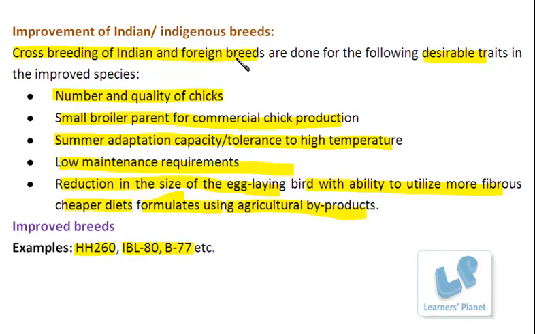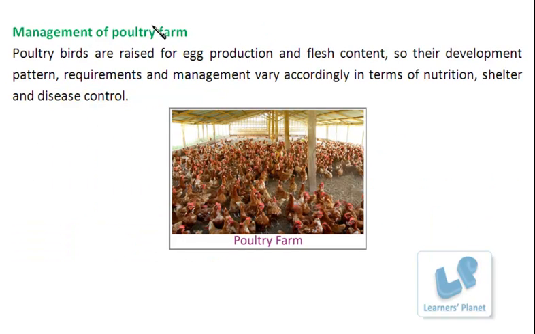So further, let us see what type of management of poultry farms is required to improve this production. This management of poultry farms is done with the aim of raising these poultry birds, of course for egg production or flesh content.